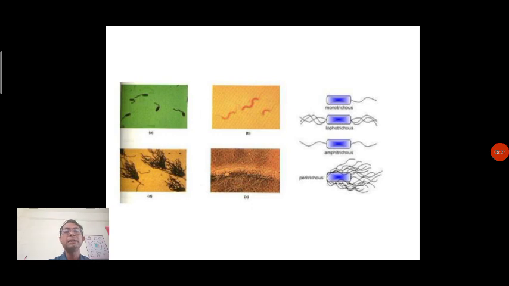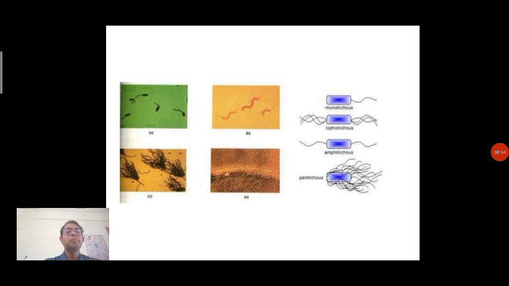Now here you can see, in some bacteria only a single flagellum is observed, in some bacteria two flagella are observed, in some bacteria two flagella are on both sides, and in some bacteria five or more than ten flagella are present, covering the whole body of the bacterium.